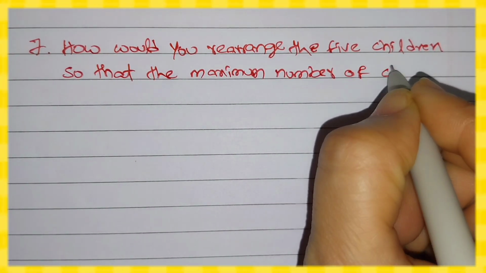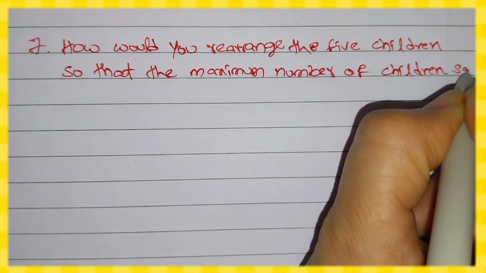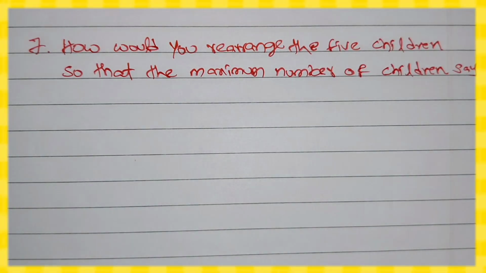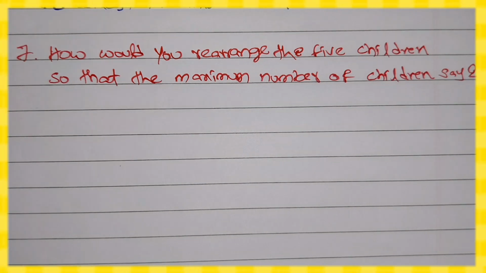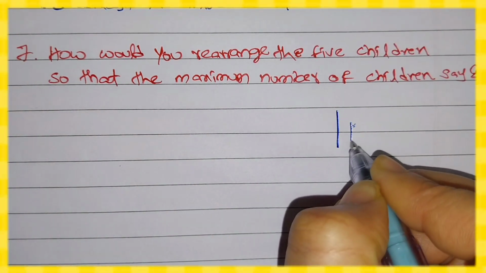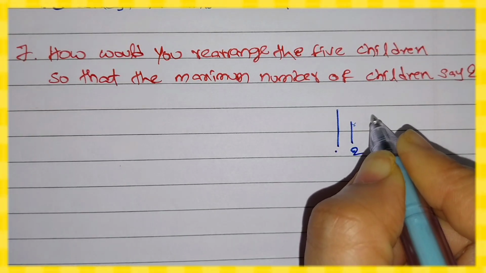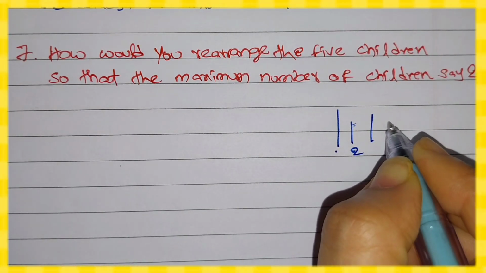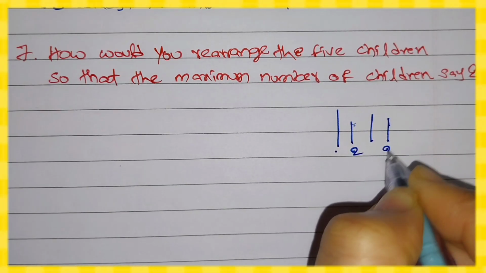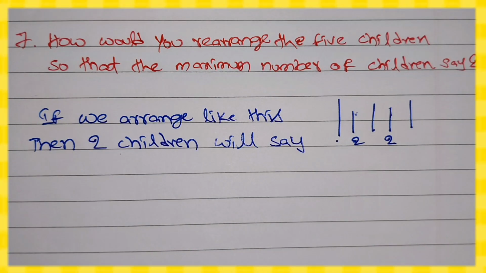Last question, seventh question is, how would you rearrange the 5 children so that the maximum number of children say 2? To maximize the number of children saying 2, we can arrange the children in a specific order. The arrangement would be tallest, next shortest, next tallest, next shortest, next tallest.